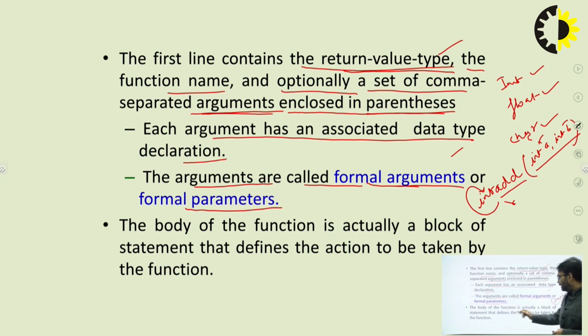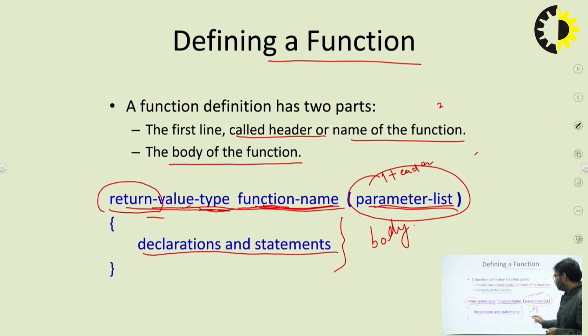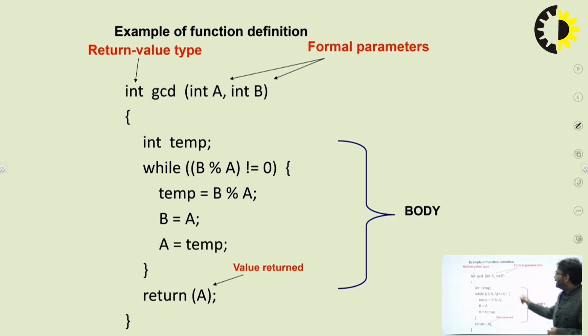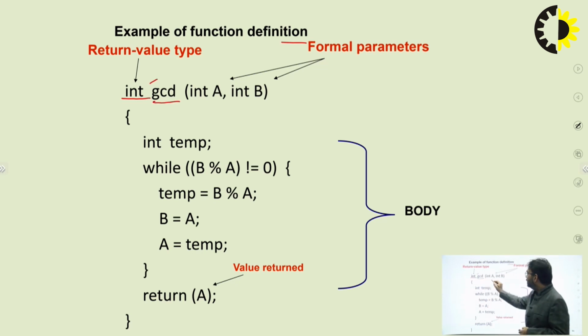Okay, then the body of the function is actually a block of statements that defines the action to be taken by the function. So it means the body defines which specific task that function is going to perform. Okay. So this is an example of function definition. First we have the return type, that is integer. Second, we have the function name, and third we have two arguments, called formal parameters or formal arguments.